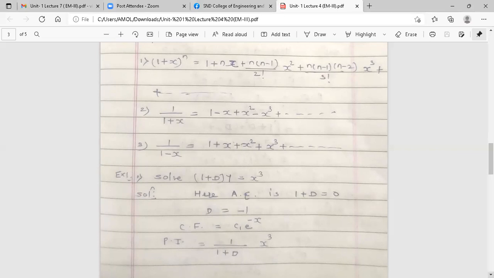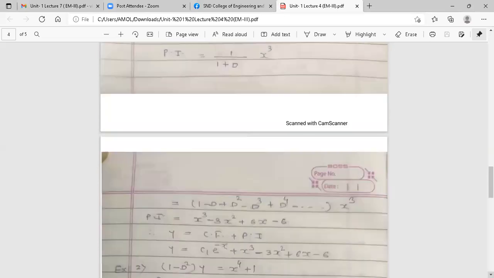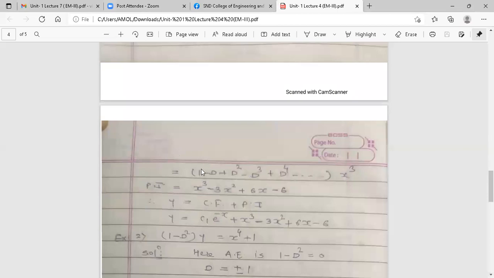And so the series for D is 1 minus D plus D square minus D cube and so on. And your function f of x is x cube here. Now, how many terms of D do we have to count? See, the degree of this polynomial function is 3, so you will get only 3 non-zero derivatives of x cube.